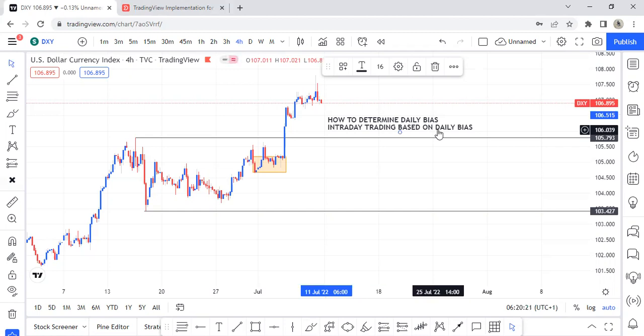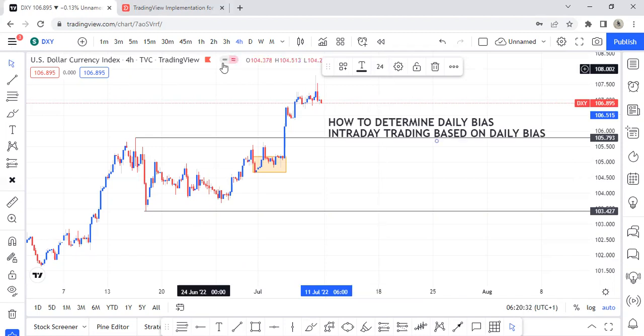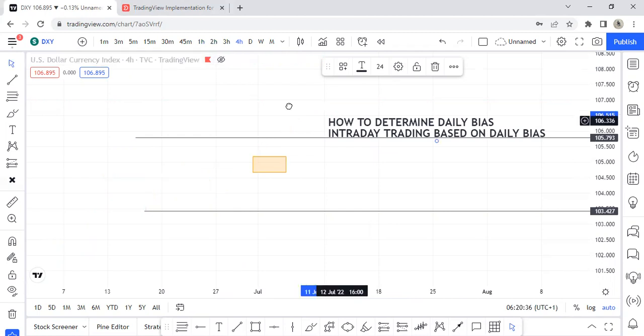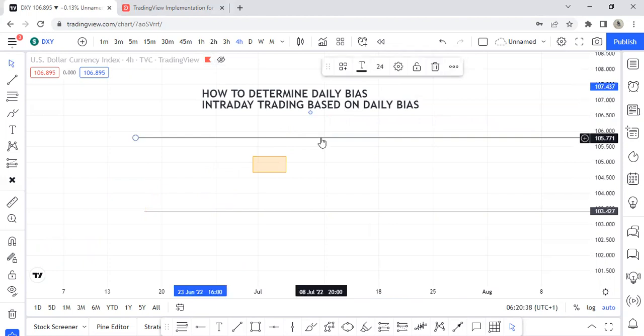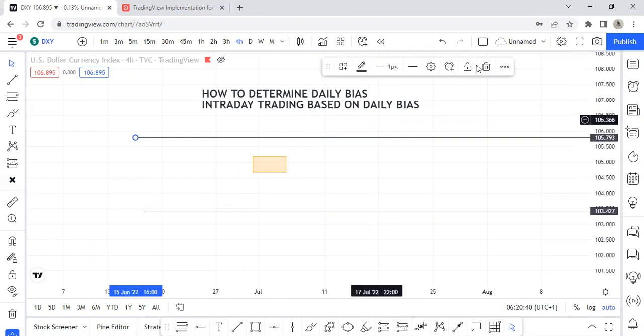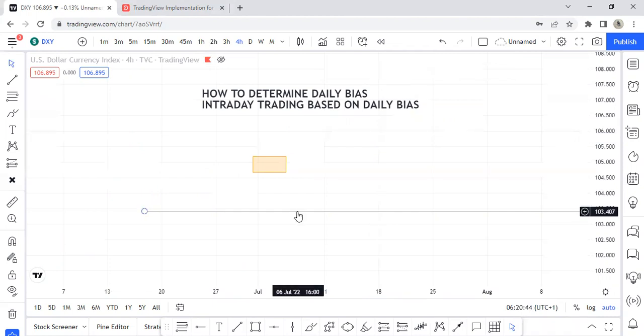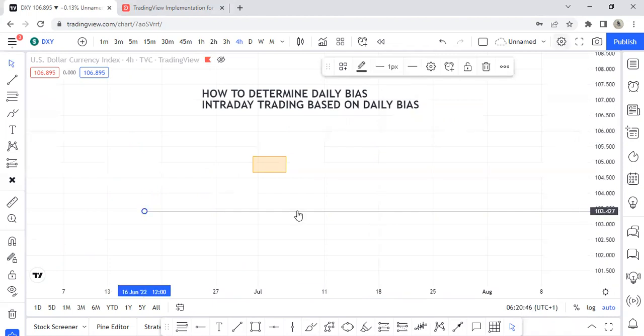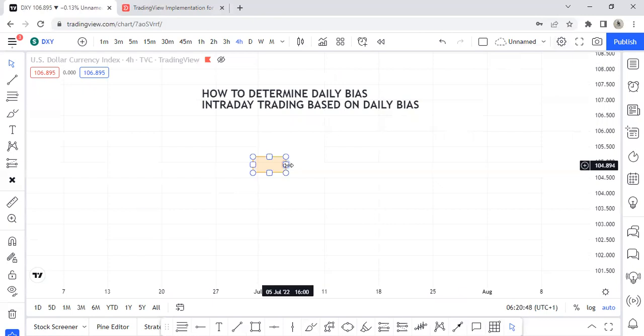So now, when we talk about daily bias, what do we mean by that? I would like to make certain points. Before you actually call yourself an intraday trader, there are basic things that you should know. Number 1, what is intraday trading? Intraday trading is a kind of trading system which has a maximum time limit of 24 hours.